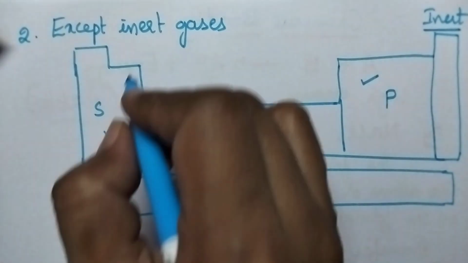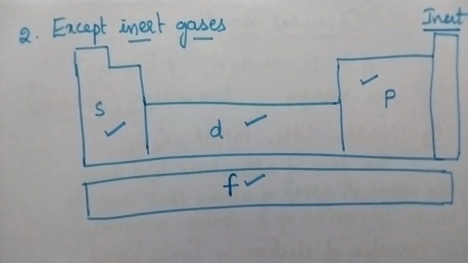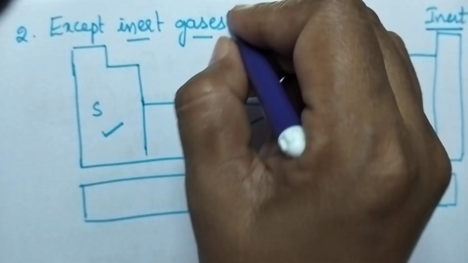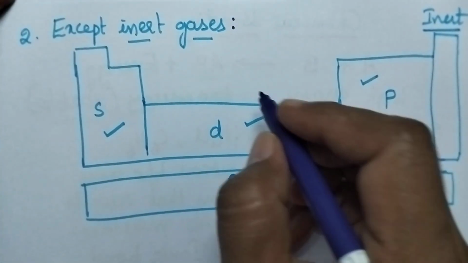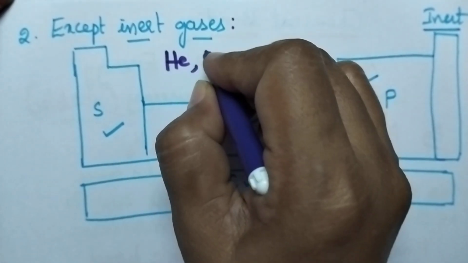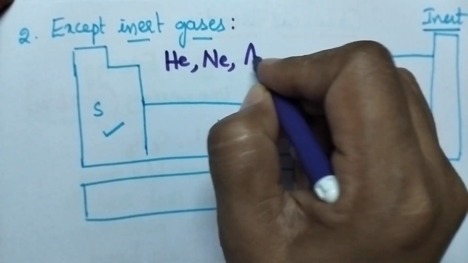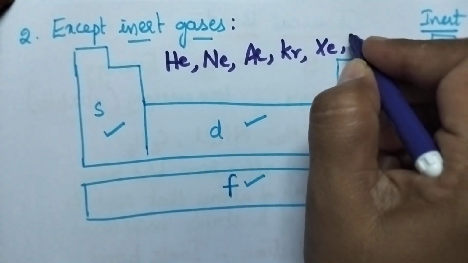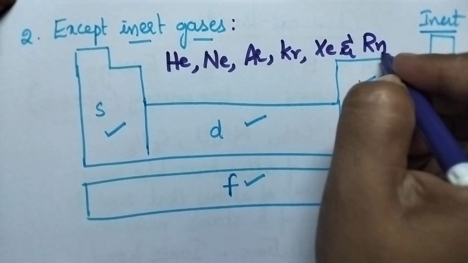So why are inert gases not participating in chemical bonding? Let us know which atoms are called inert gases. The inert gases include helium, neon, argon, krypton, xenon and radon.